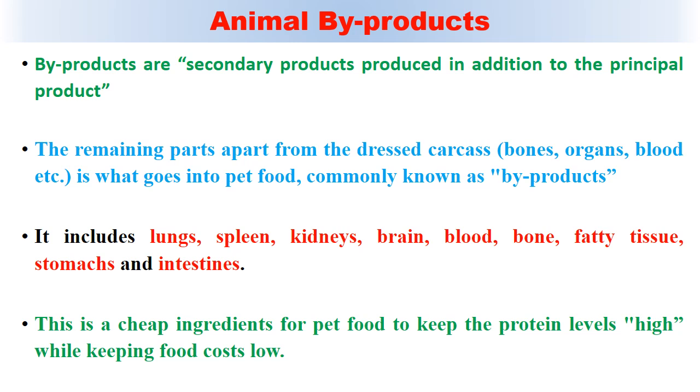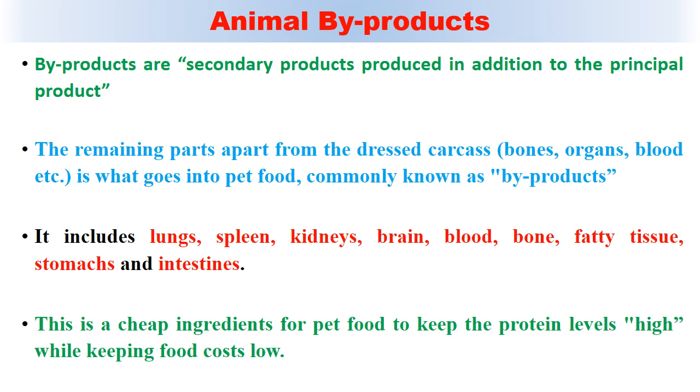In detail, it includes lungs, spleen, and kidneys. These are organs which normally won't go for human food. In addition, sometimes brain, blood, bone, fatty tissue, stomach and intestine after cleaning. All of these have only secondary demand for human food, so they can all go for pet food.